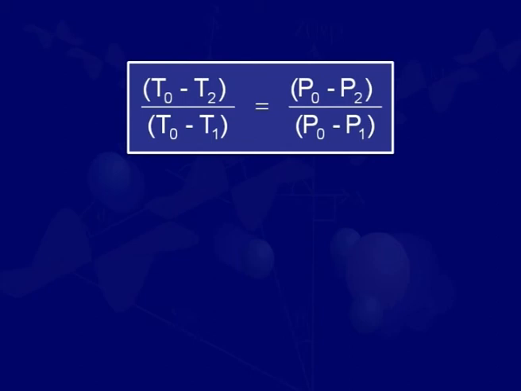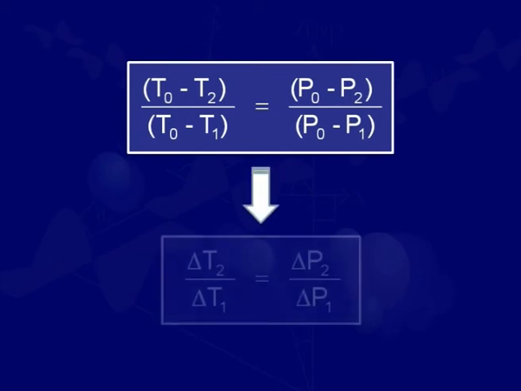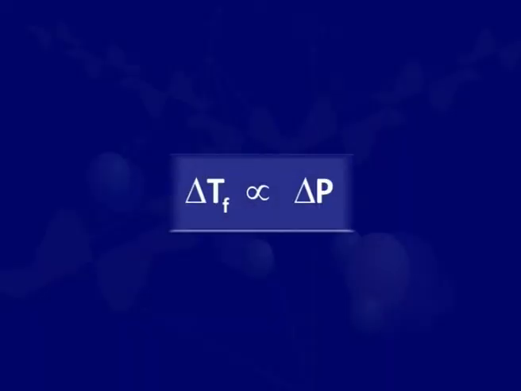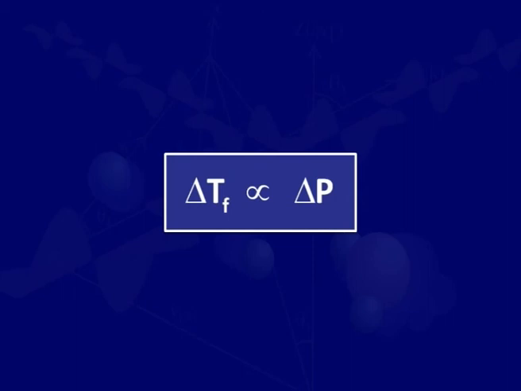Therefore, from this relationship we have delta T2 upon delta T1 equal to delta P2 upon delta P1, or we can say that decrease in freezing point is directly proportional to decrease in vapor pressure. Hence, delta Tf is directly proportional to delta P.